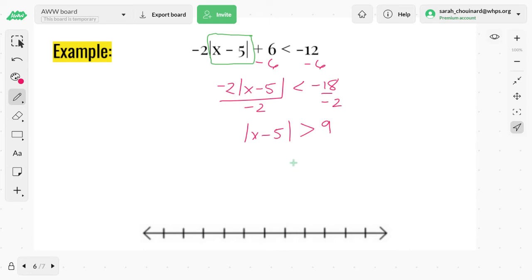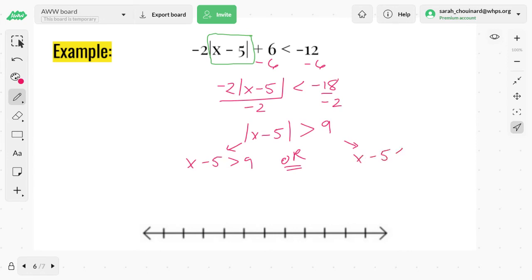So now that it's isolated, I can go to solving. Since it's the greater than symbol, I think "great-or." So you always need to write what your compound inequality is, if it's "and" or "or." So I'm going to write "or," and I'm going to make my two inequalities. First one is exactly the same.